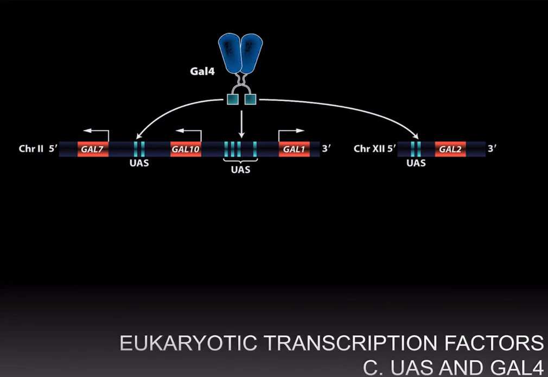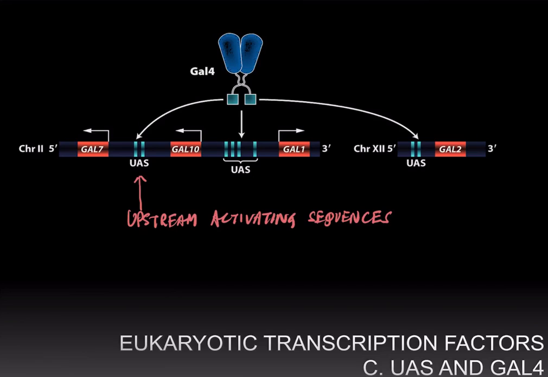It turns out that near these GAL genes are DNA sequences called upstream activating sequences, or UAS. And these DNA sequences are called upstream activating sequences because they lie upstream of the direction of transcription.